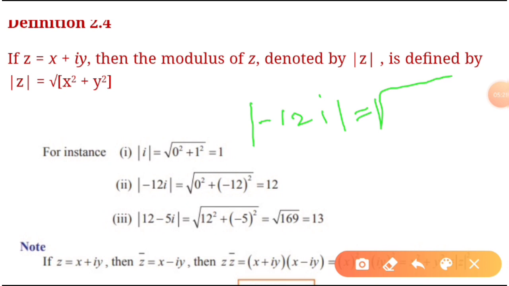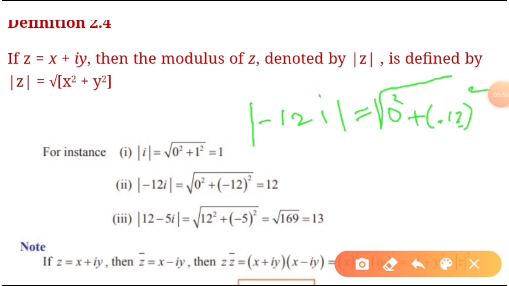So 0 squared plus minus 12 in the whole square.